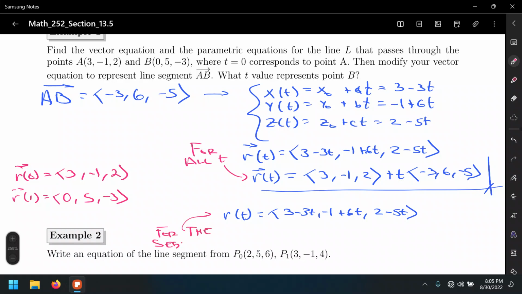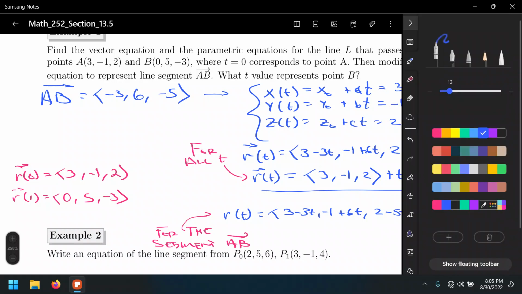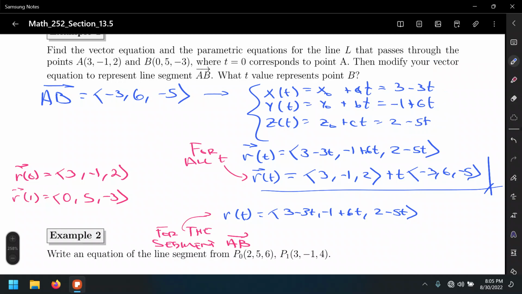For the segment AB. All right. For the line segment AB, we only add one tiny piece of information. In this case, we need to state that we restrict t to being between 0 and 1. All right.